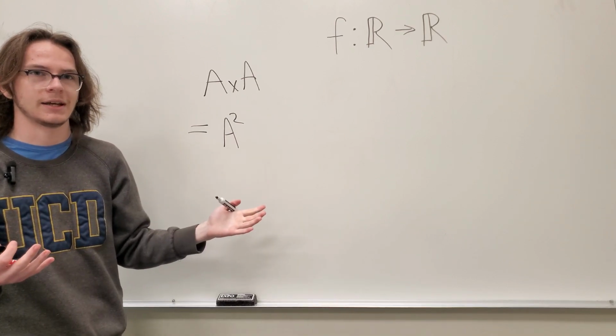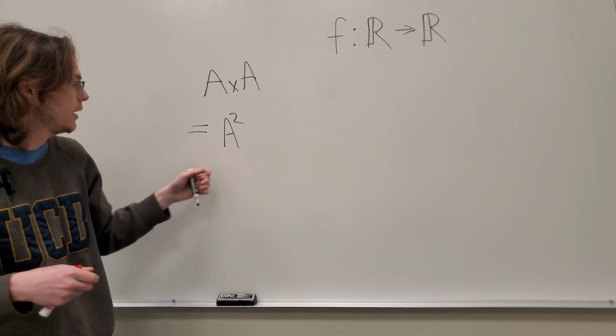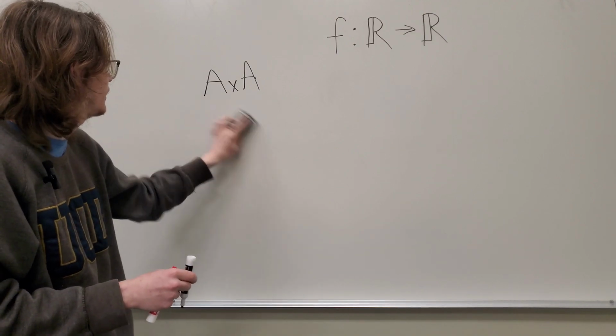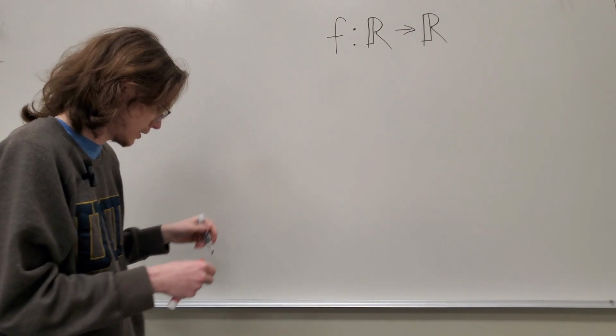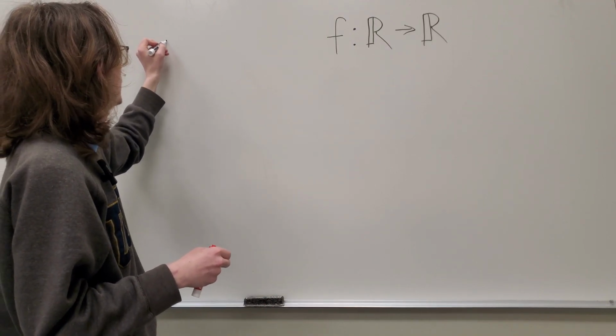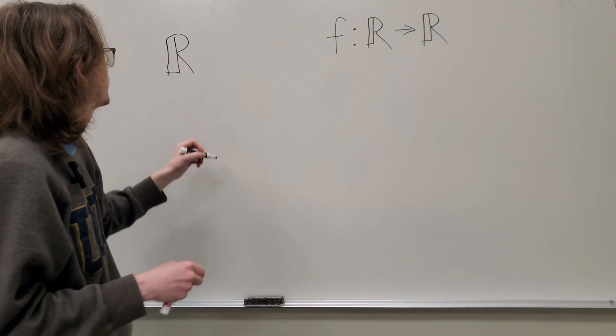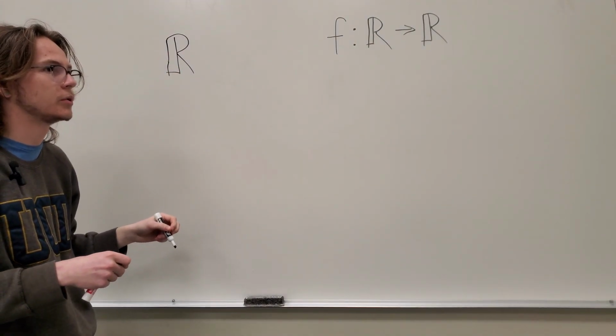And this is not. This is set multiplication, right? So this is A2. And so if we think about our set R again, we think about our set R, that is all real numbers.